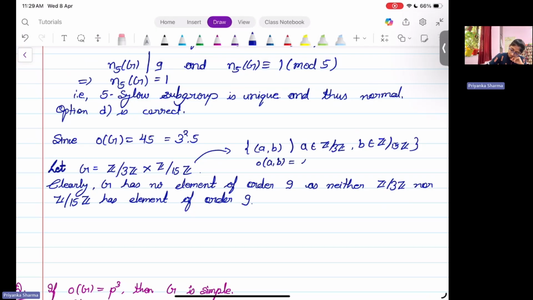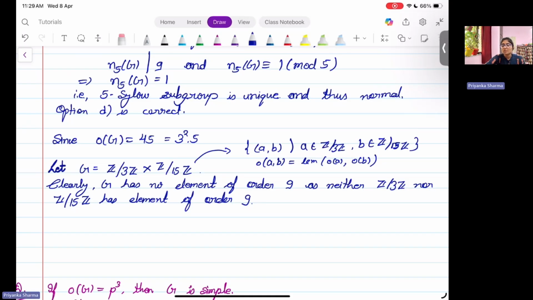The order of (A, B) will be the LCM of the order of A and the order of B. The order of A will be computed in Z/3Z and the order of B will be computed in Z/15Z. So actually, the order of A can be either 1 or 3.